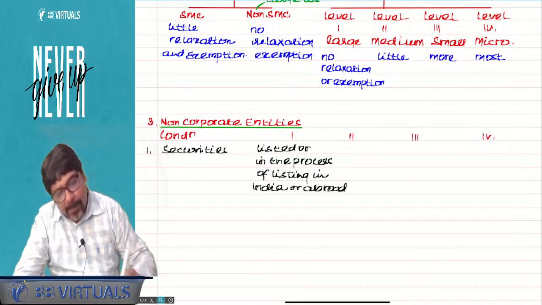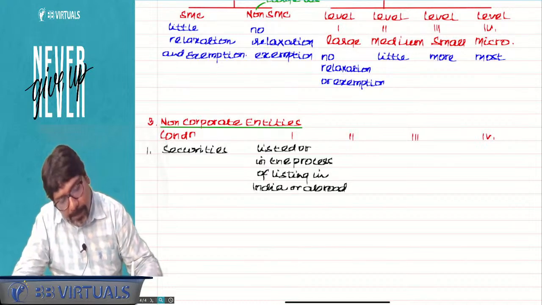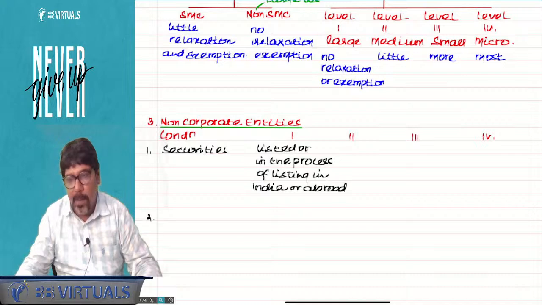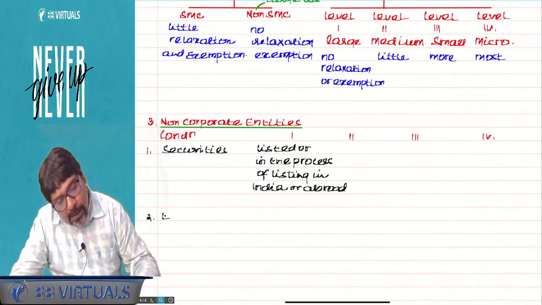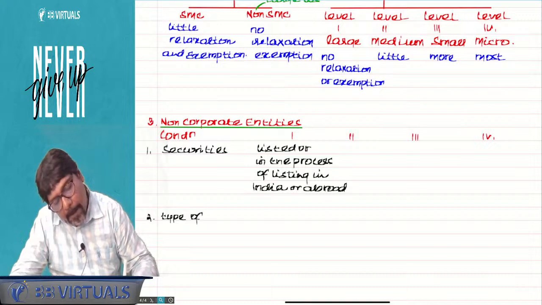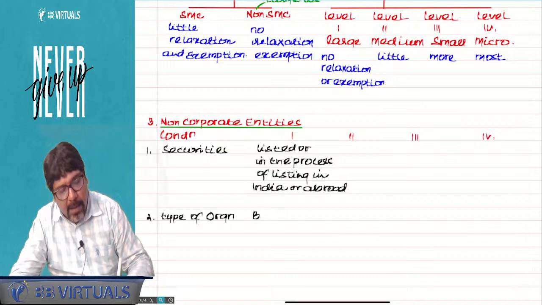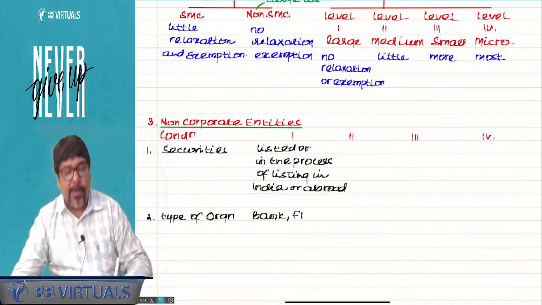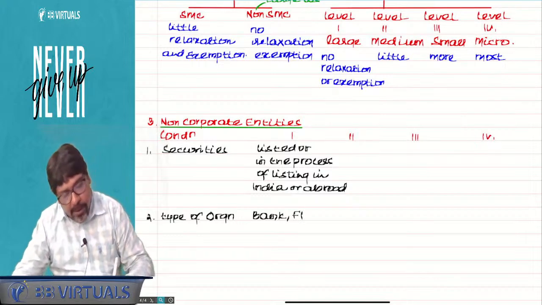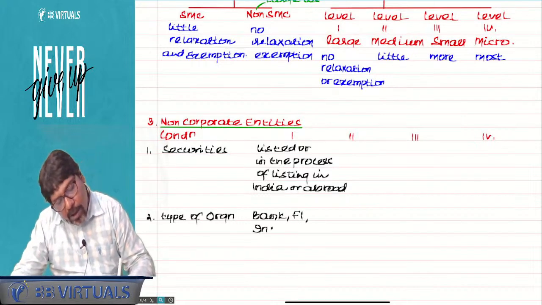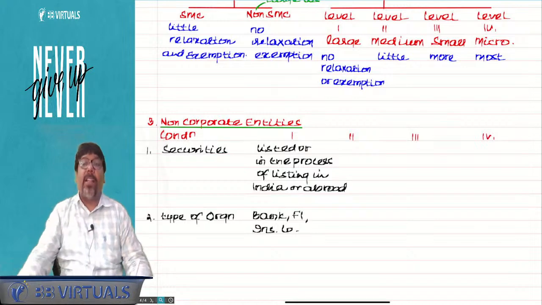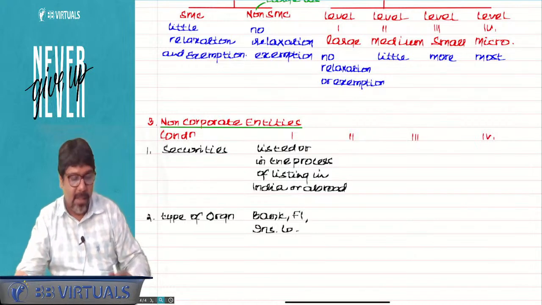Correct? Yes. Then type of organization. If it is a bank, financial institution, FI stands for financial institutions, or insurance company, chartered, by default they are considered large.